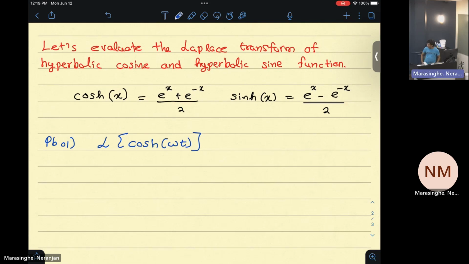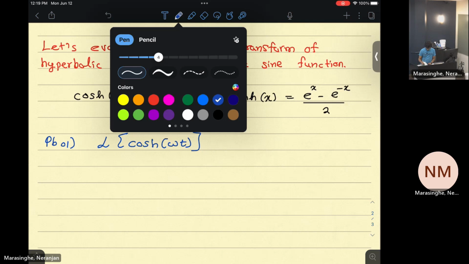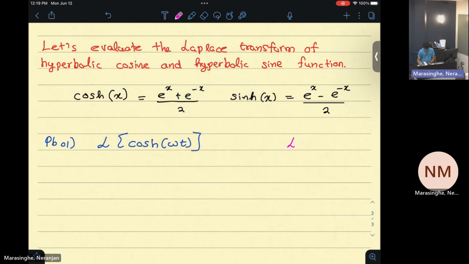I would give you 3 or 4 minutes to do this. You need this formula: the Laplace transform of e to the at is equal to 1 divided by s minus a.